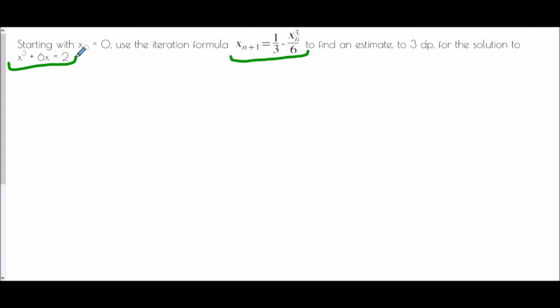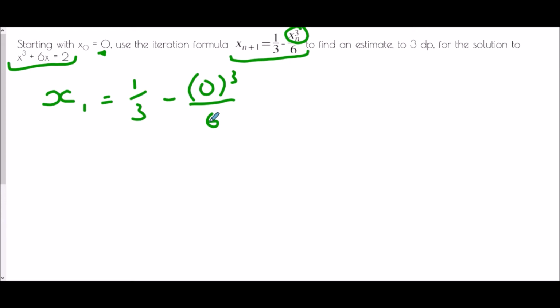Now that just means the original value, so the first one that we're going to use in the formula. And so if I want to get x1, which would be my first result, then I need to use 0 in here. And so that is a third take away 0 cubed over 6.